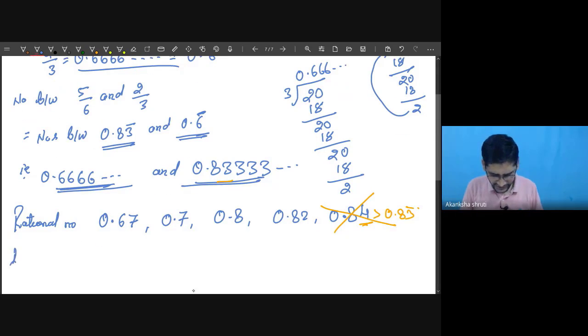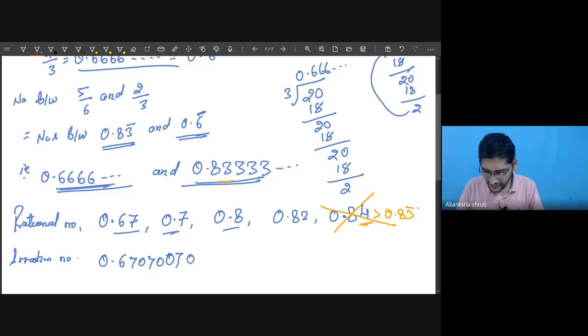And if you need the irrational number, for irrational number, what we need to do, student? We have to write few numbers which are non-terminating. Just convert any of these into non-terminating. Like one may take 0.6707, 07, 007, 0007, so on.